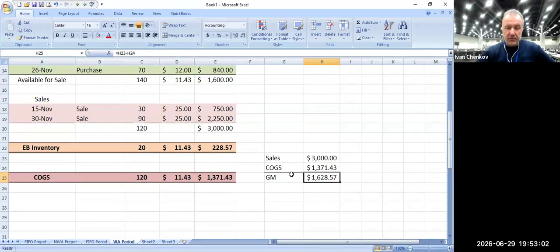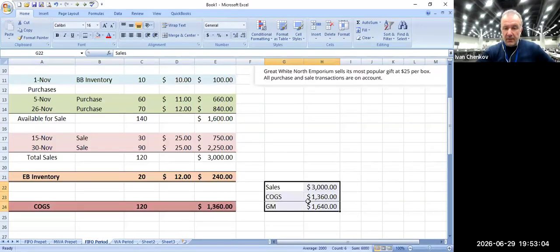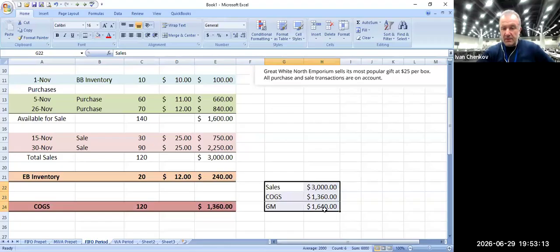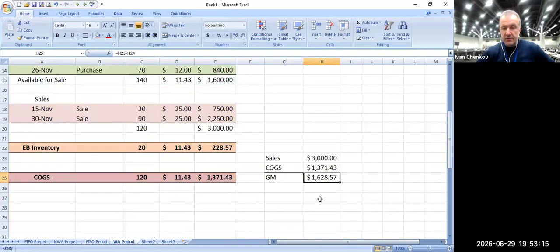So if we have to compare one with another, in the first in, first out, we're having 1,640. With the weighted average, we're having less gross margin. That's the whole thing.